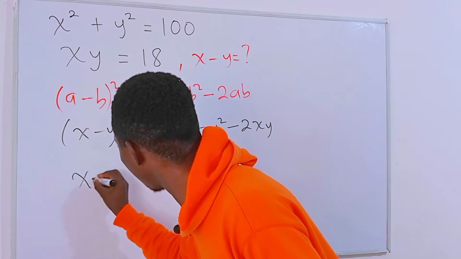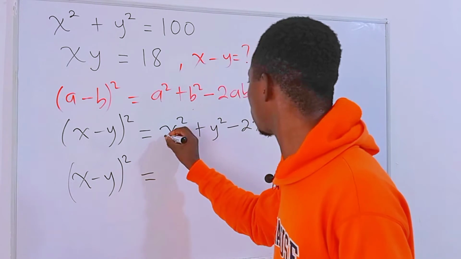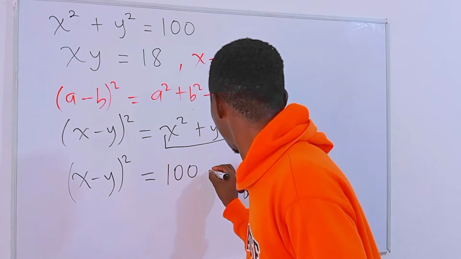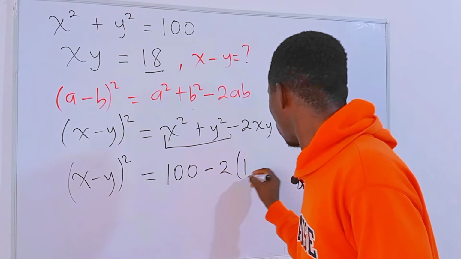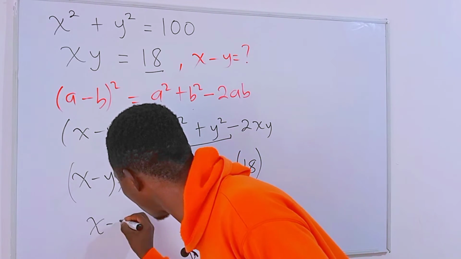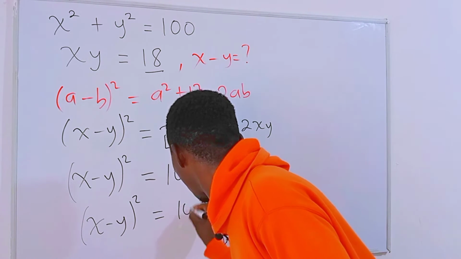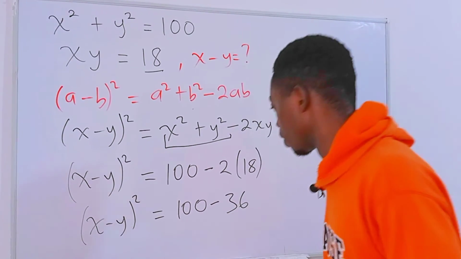So we have (x minus y) all squared is equal to, this whole thing is giving us 100 right here. So we're going to have 100 minus 2 times xy, which is 18. So we have 18 here. So on the left, we still have (x minus y) squared is equal to 100 minus 2 times 18, that is simply 36.